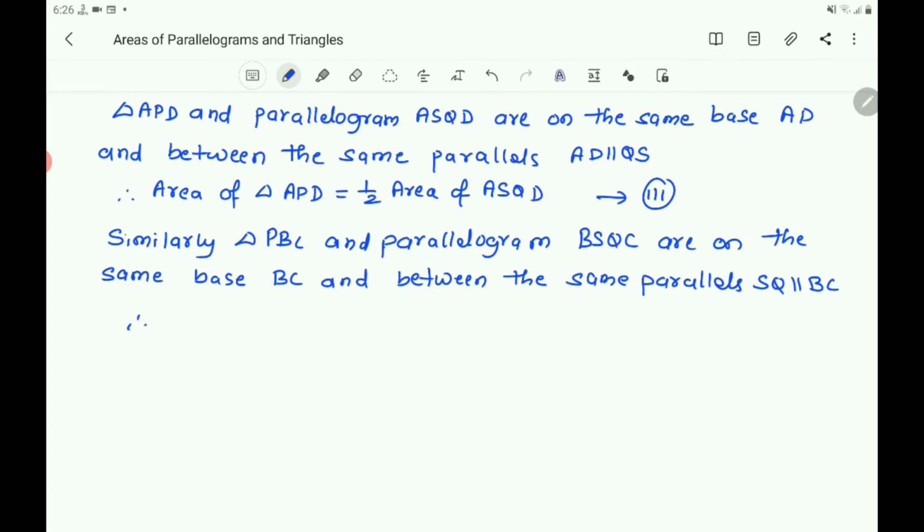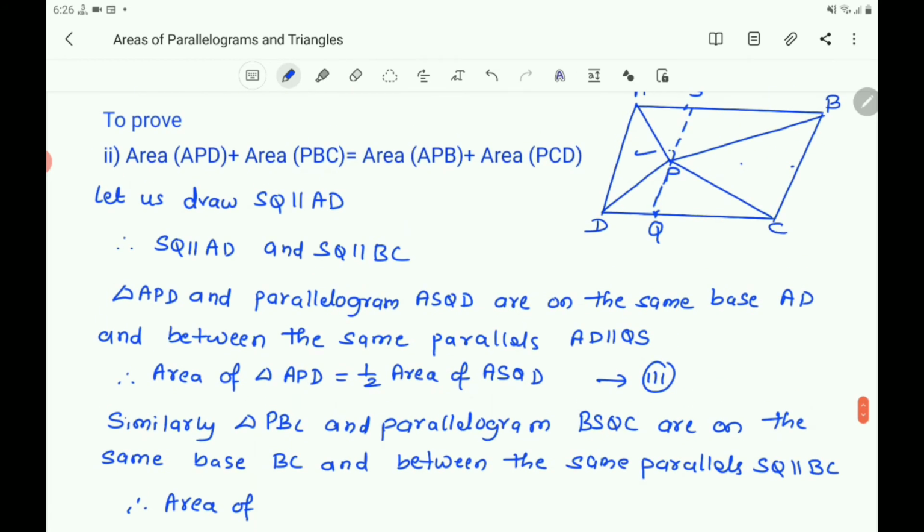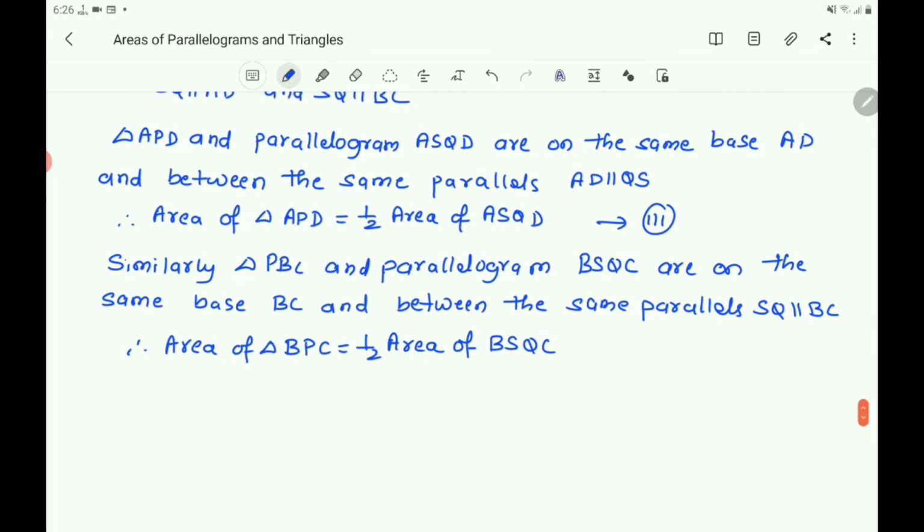Therefore, you can write that area of triangle BPC equals half area of BSQC. Consider this is the fourth one.